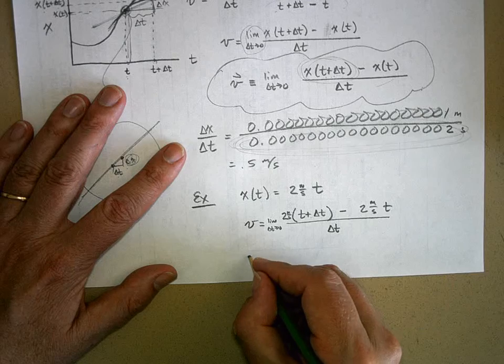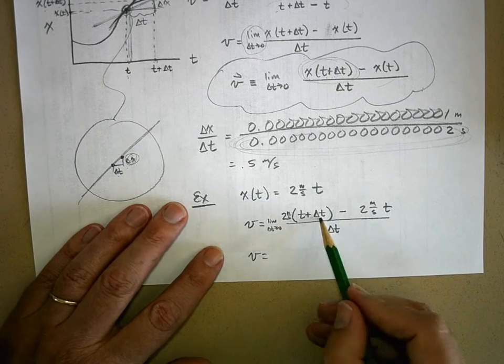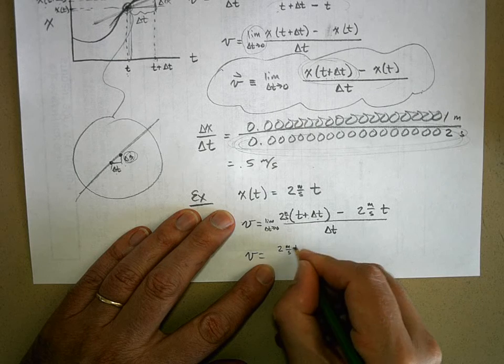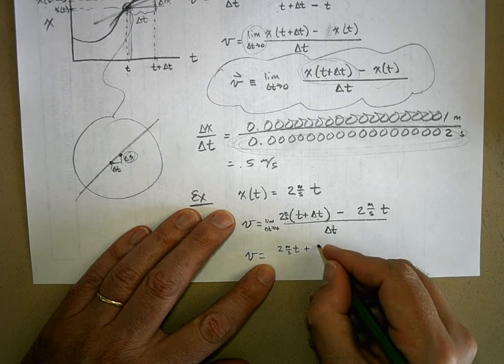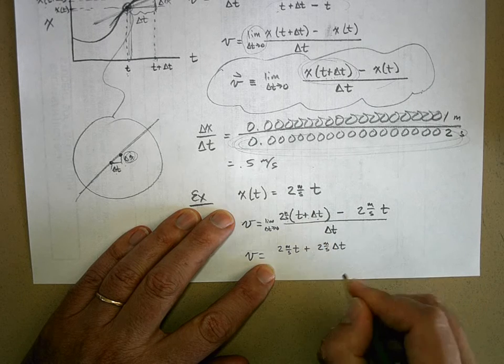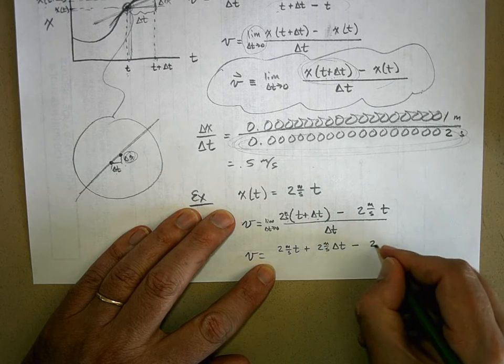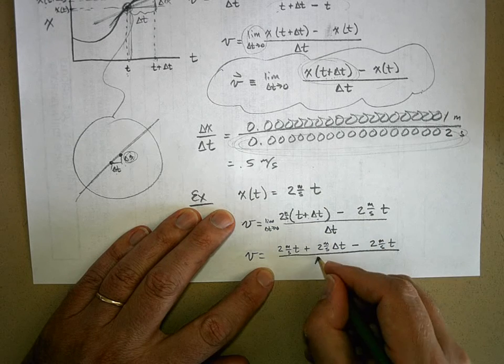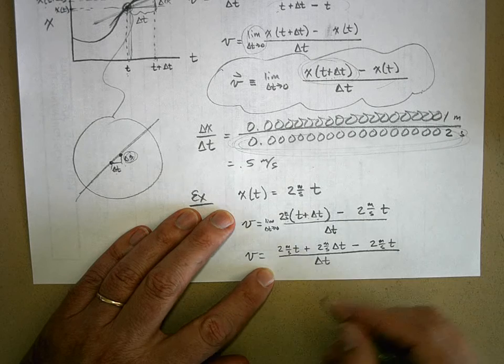V equals, well, I'm going to multiply the 2 in there, so you get 2 meters per second times time plus 2 meters per second times delta t minus 2 meters per second times time, all over delta t, and the limit as delta t goes to 0.